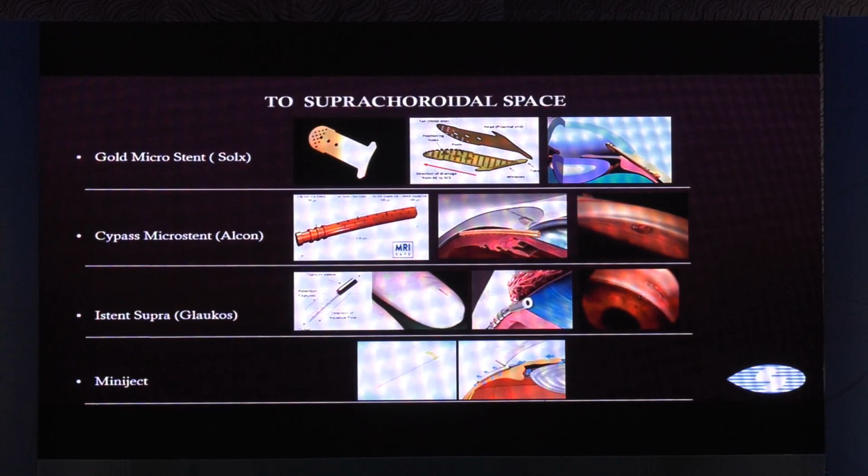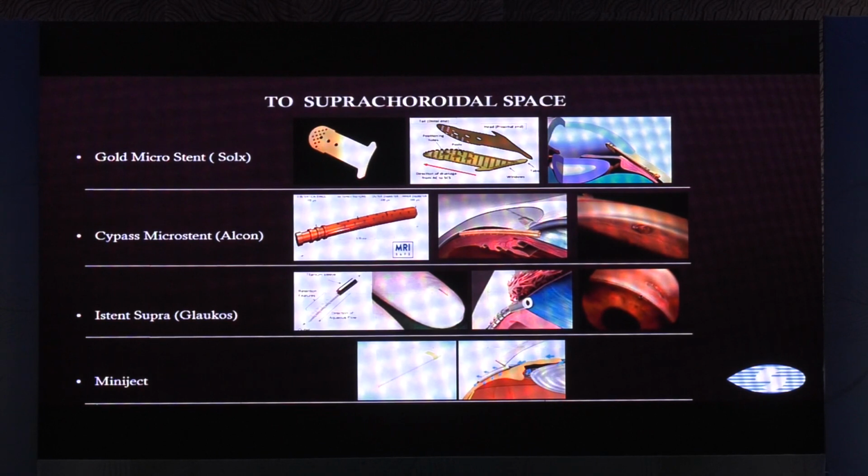The second modality is suprachoroidal drainage, which is another mode of drainage. Gold micro-shunt stents have been in use for quite some time, but are not very effective. CyPass micro-stents have again been used, but the endothelial count is reduced with this kind of endothelial damage.